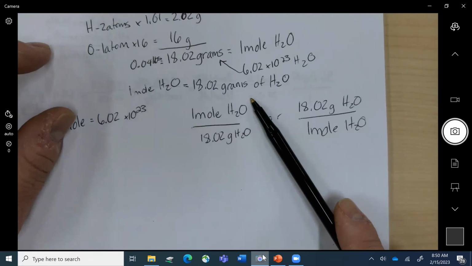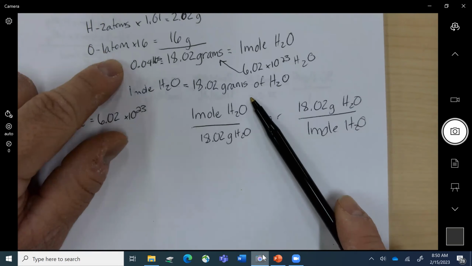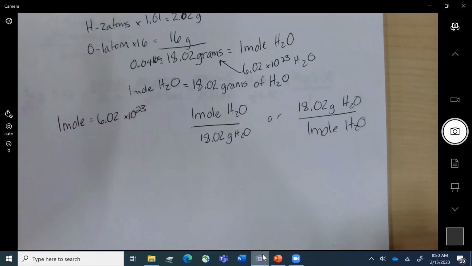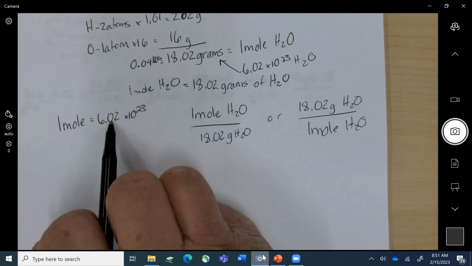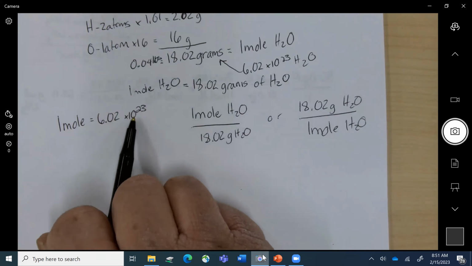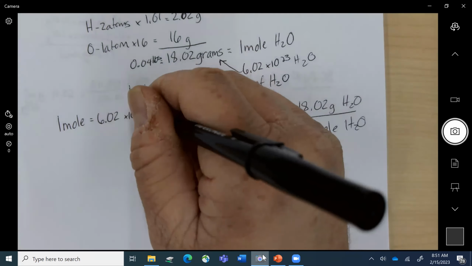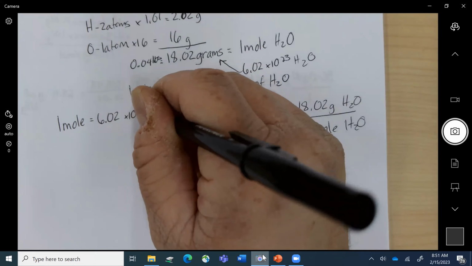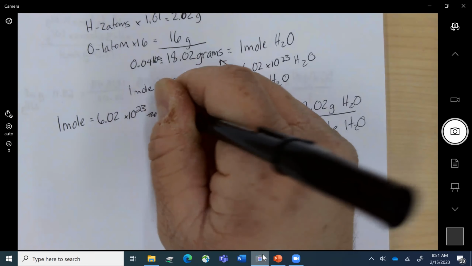The conversion factors for chemistry come from what you solve here and from the periodic table, or from a balanced equation, okay? Do you agree that 1 mole equals 6.02 times 10 to the 23rd? In this case, it would be molecules, well, you don't have to write it, but it'd be H2O.